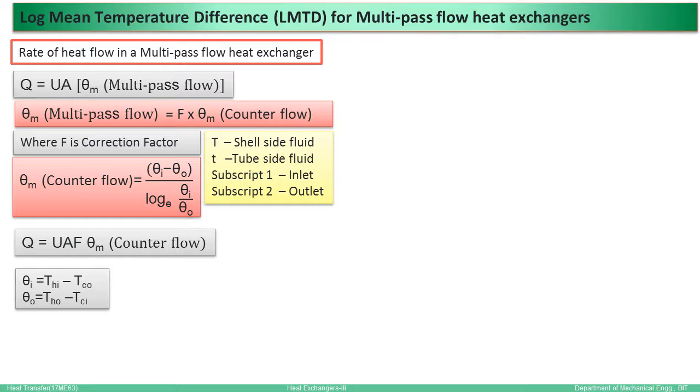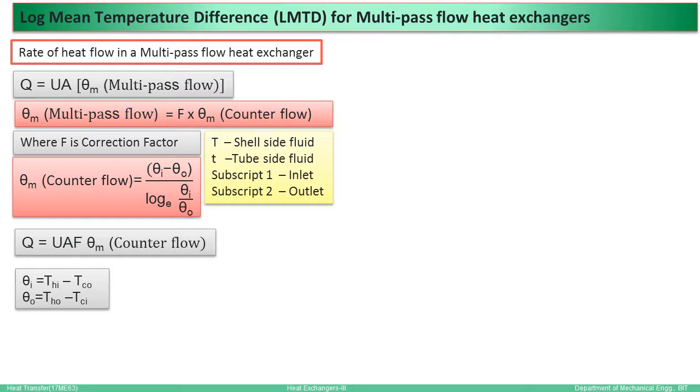Flue gases are relatively hotter, and that's why the representation of capital T and small t is generally taken as shell side fluid and tube side fluid respectively. As usual, subscript 1 refers to the inlet and subscript 2 refers to the outlet. And you can also say that capital T is for the hot fluid and small t is for the cold fluid.